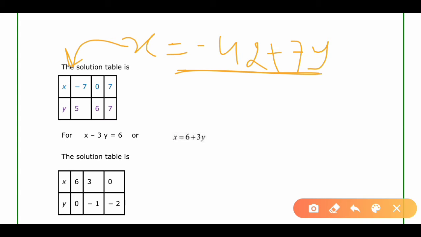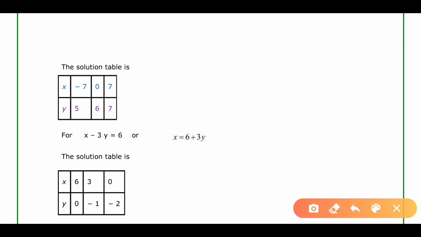When we put y equals to 5 in this equation, we'll get x equals to minus 7. Again, when we put y equals to 6, then we'll get x equals to 0. Again, when we put 7, then the value of x will be equal to 7.